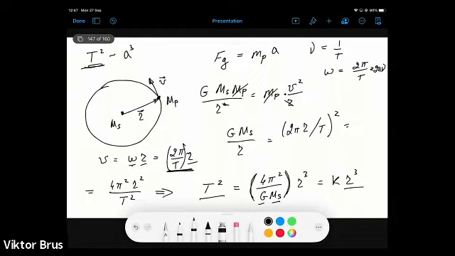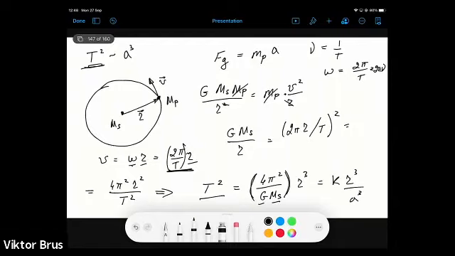If we substitute this circular trajectory with an ellipse, then this radius can be substituted by a cubed. Because if it's true for the specific case of elliptic trajectory, which is circular trajectory, then it is also valid for other forms of elliptic trajectory when the eccentricity is not equal to 0.